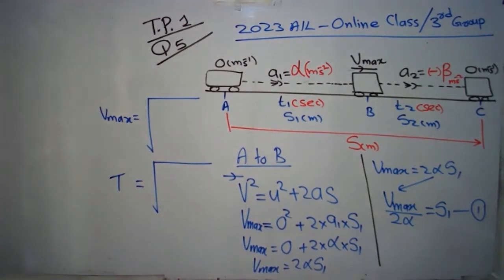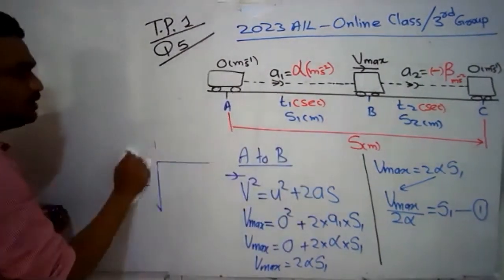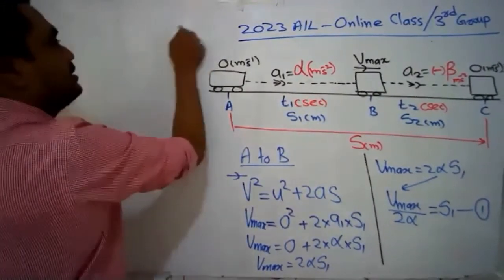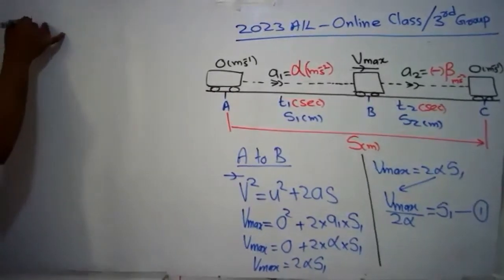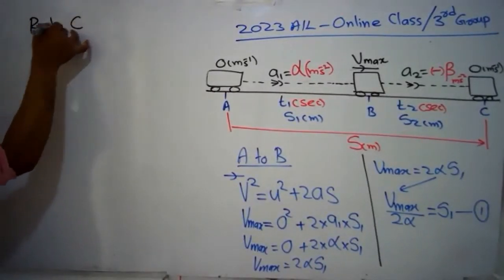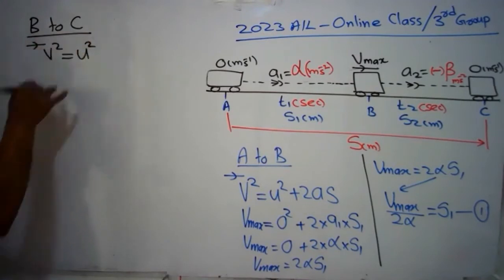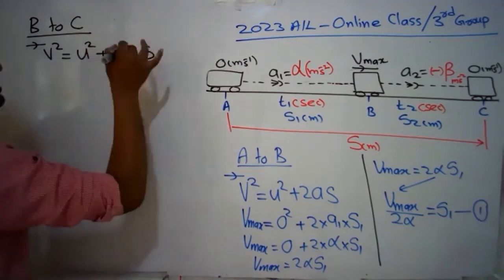Then let's use the same equation from B to C. Look at the board. For the B to C section, in this direction, I'll apply the equation v square equals u square plus 2as.